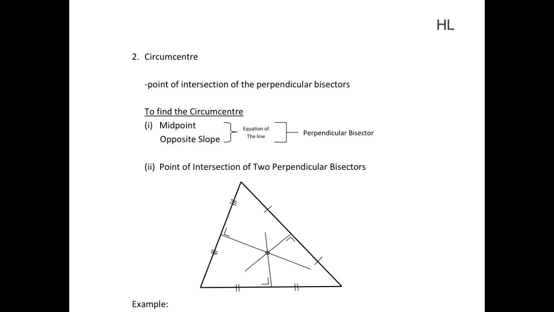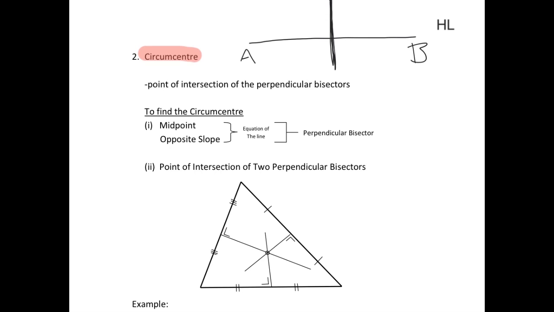The next concurrency we want to talk about is the circumcenter. The circumcenter is the point of intersection of the perpendicular bisectors of a triangle. You recall from your constructions that the perpendicular bisector of a line, say AB, is the line which perfectly splits that line AB in half.